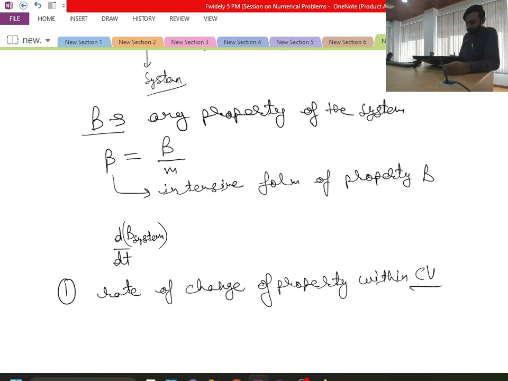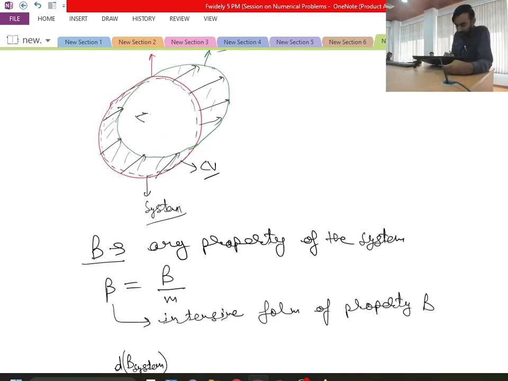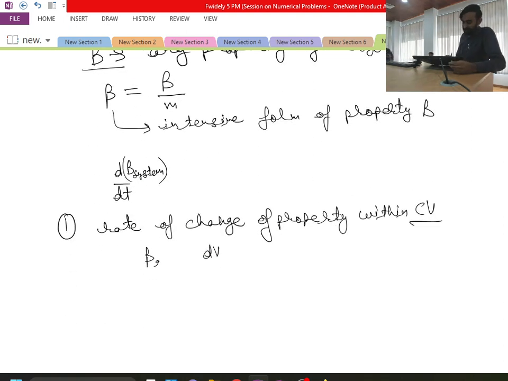Let beta be my intensive property, and let dV be any elemental volume, and let's consider that corresponding to this elemental volume dV, the value of the property is beta. If dV is the elemental volume, then the mass is rho into dV.